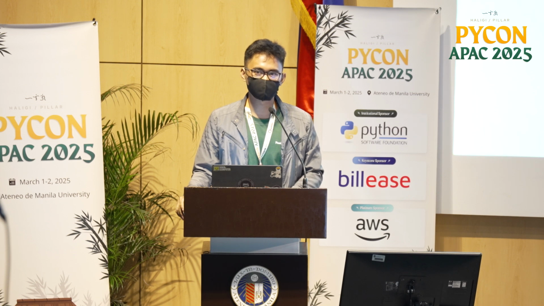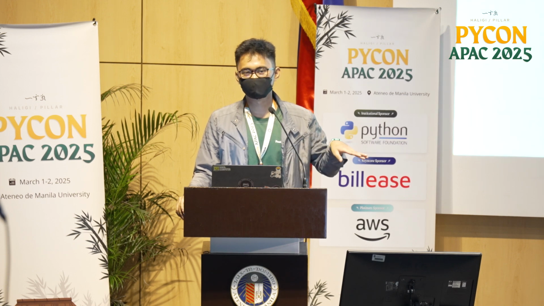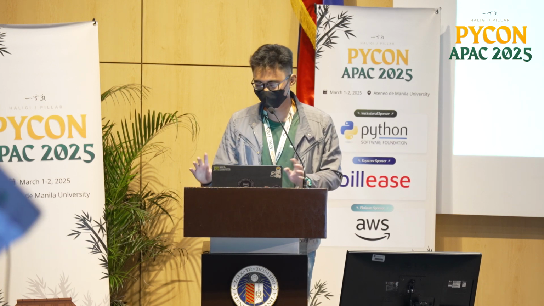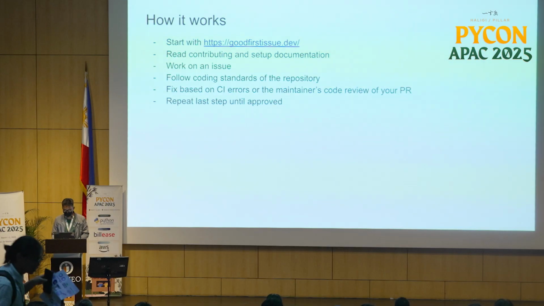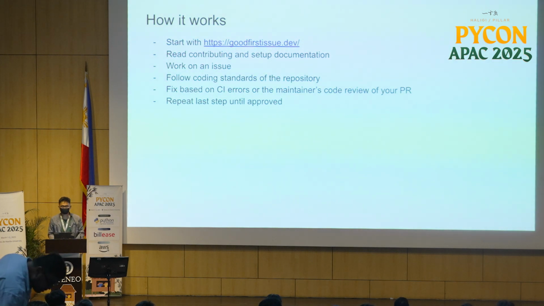Because usually what happens is, if there's an error in the CI, the maintainer would just reply to your PR to say, please fix this CI issue, since it has to pass all tests to make sure that it's 100% working, all functions are working. And you just repeat the last step until approved. Once you fix the CI errors, if there are comments by the maintainer to be changed, you also will have to work on that as well.